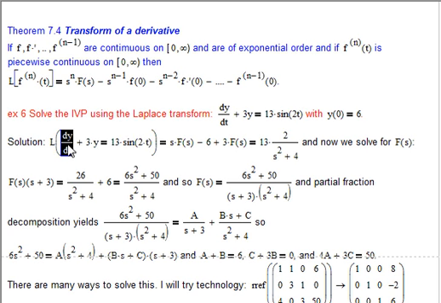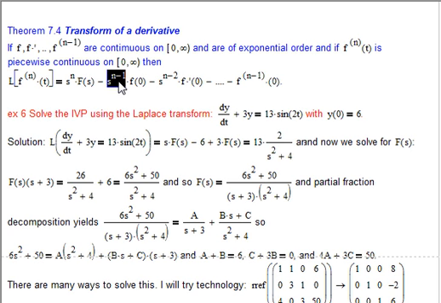Well, the Laplace transform of y prime is s times our transform function minus 6, that's s to the 0, which is 1, times f of 0, which is given as 6, well, y of 0 in this case.